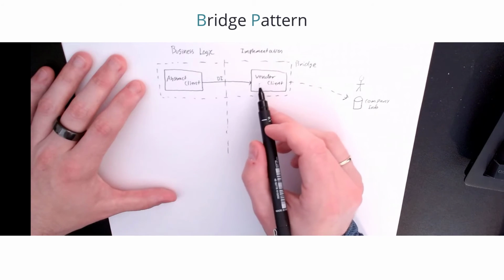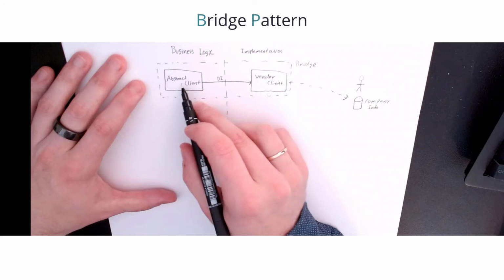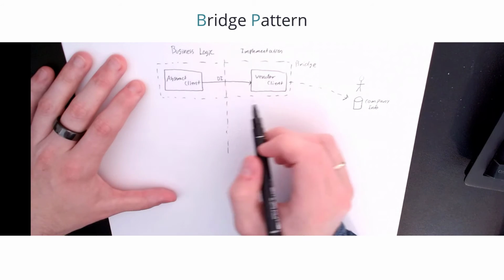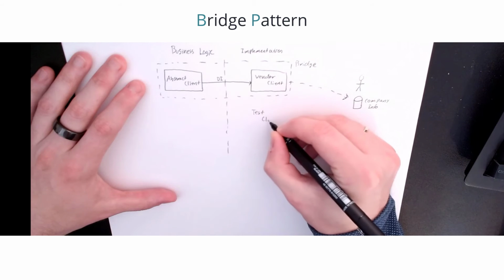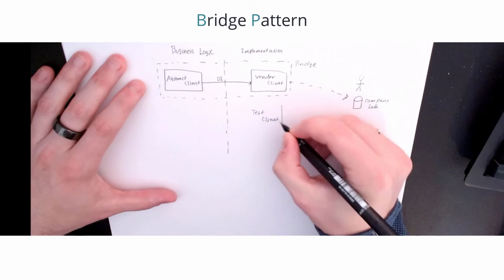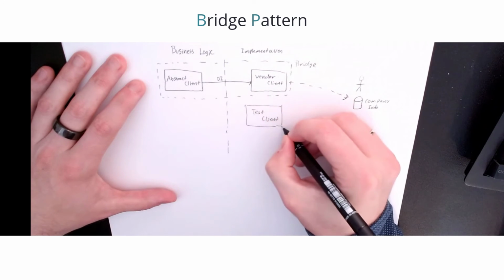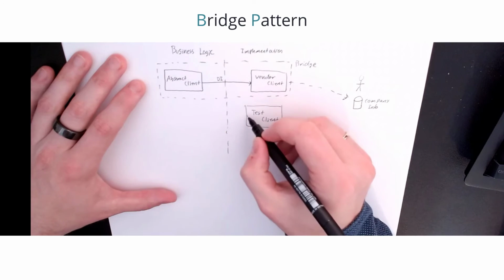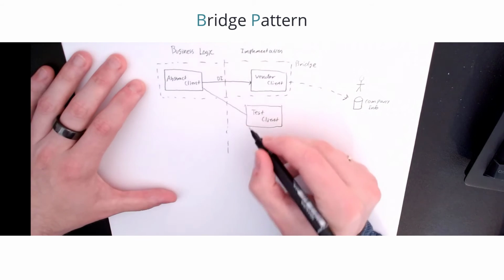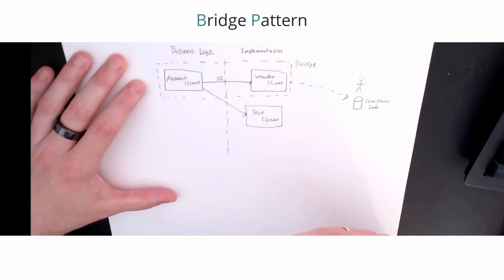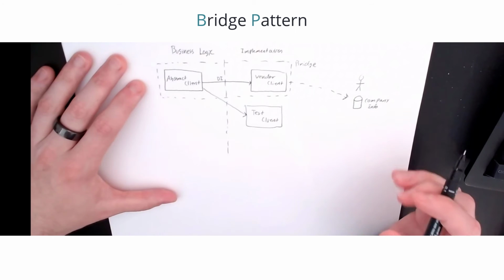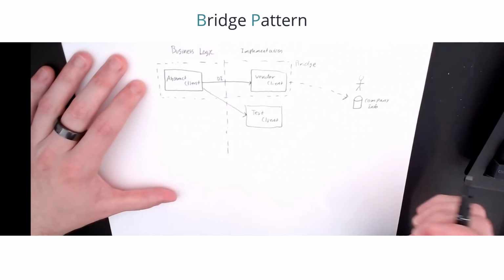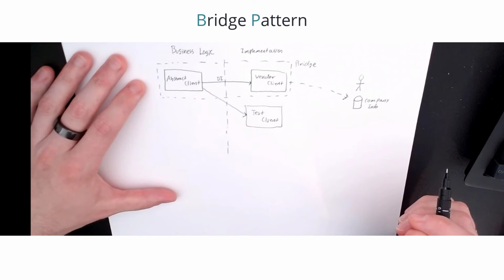Since it's a class that is being injected into our abstract client, we can actually create a test client, and the test client would be a perfect stand-in for the vendor client, and we can inject that into our abstract client as well, because that will allow us to test how our business logic behaves without the need to actually call out to our external vendor. It could be that calling the vendor actually incurs costs.